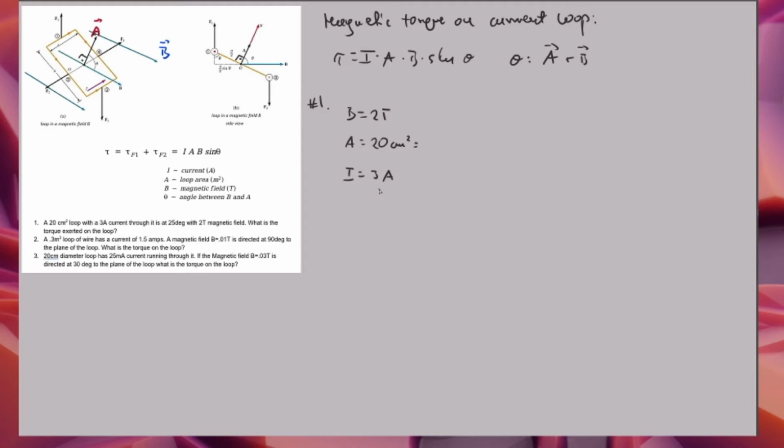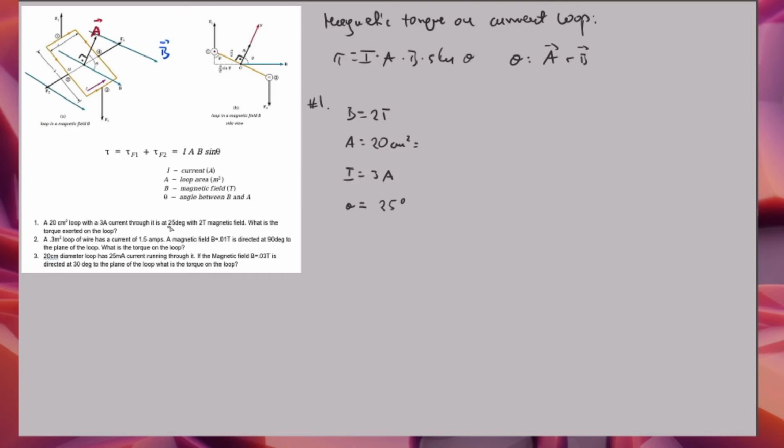It's at 25 degrees. So let's see what it says. The loop is at 25 degrees with... It doesn't actually say clearly enough whether that 25 degrees is the actual theta, or whether it's the angle between the surface of the loop and the magnetic field. We'll take the easy way out and say this is 25 degrees, but on a quiz I would be more precise because this is not very clear.